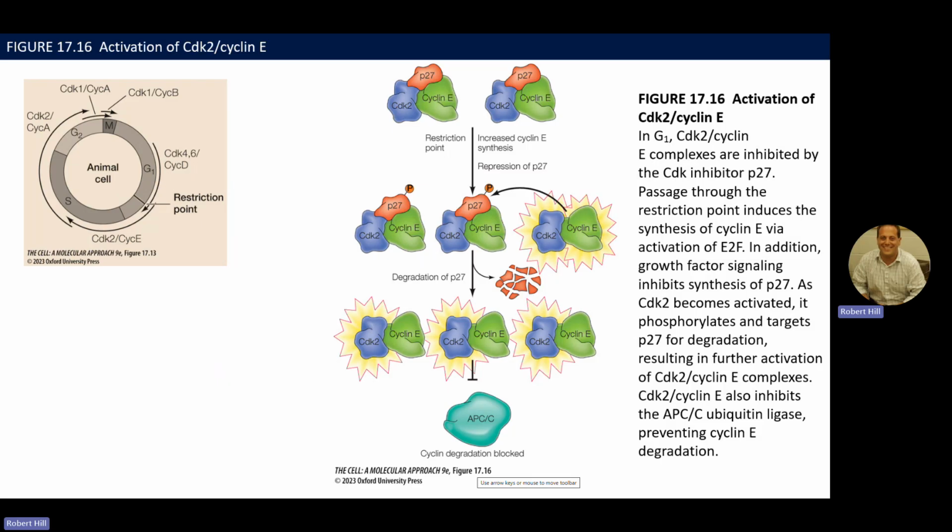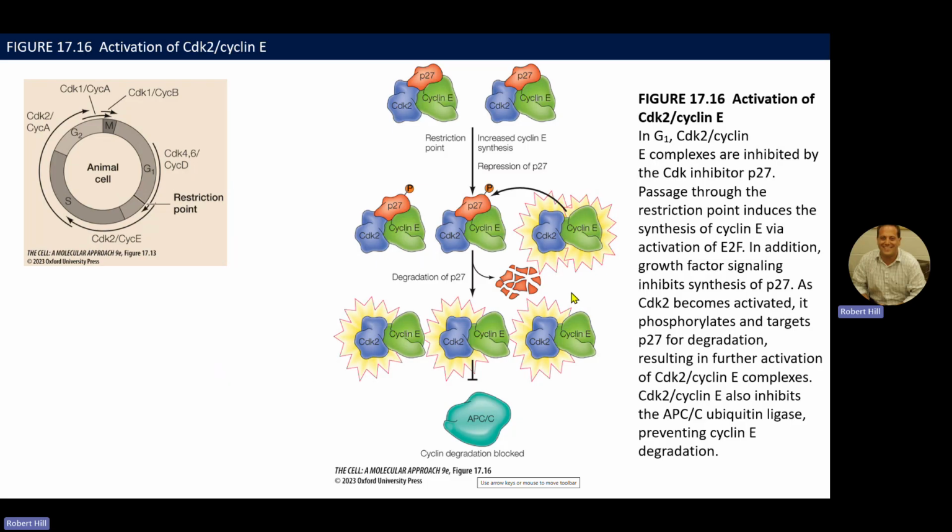And so passing through the restriction point induces cyclin E and stimulates suppression of P27 synthesis through growth factor signaling. Okay? Once CDK2 becomes active, as shown there on the right, with the yellow highlight, it phosphorylates P27, marking it for proteasomal degradation.